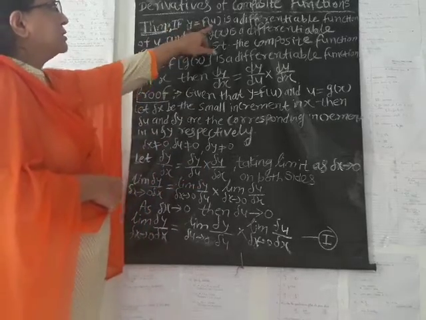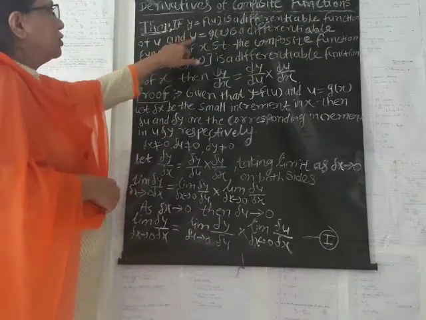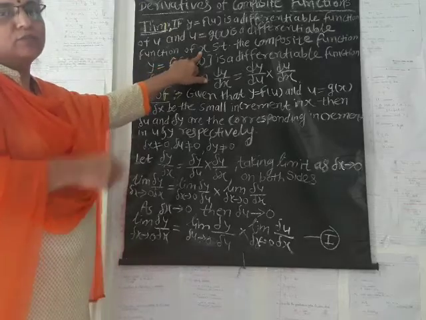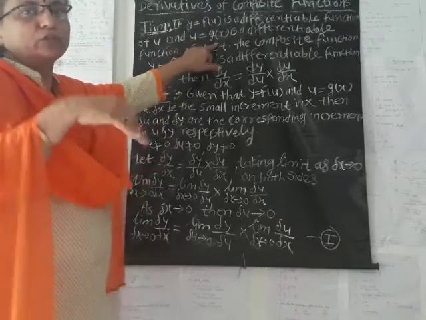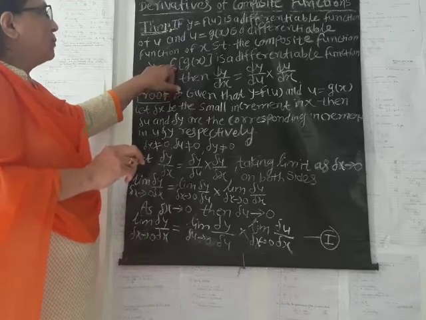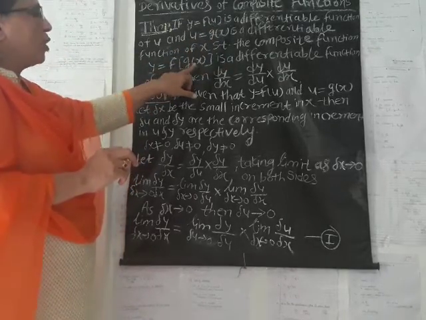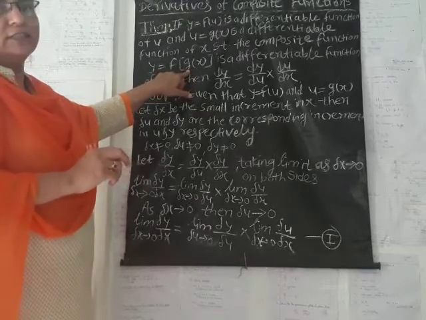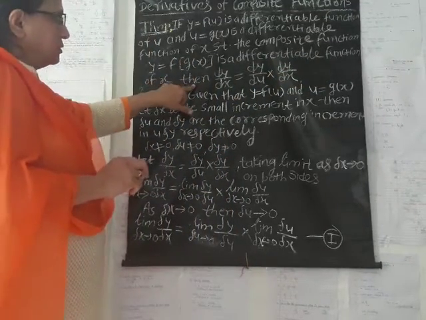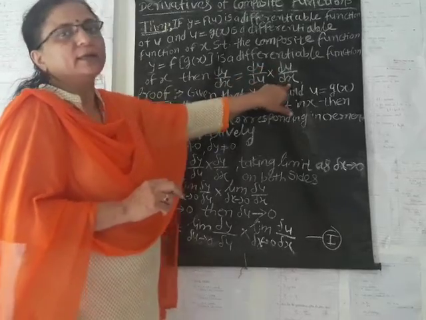Theorem: if y equals f of u is a differentiable function of u, and u equals g of x is a differentiable function of x, meaning y is a function of u and u is a function of x, such that the composite function y equals f of g of x, where f is one function and g is another function, is a differentiable function of x, then dy by dx equals dy by du into du by dx.